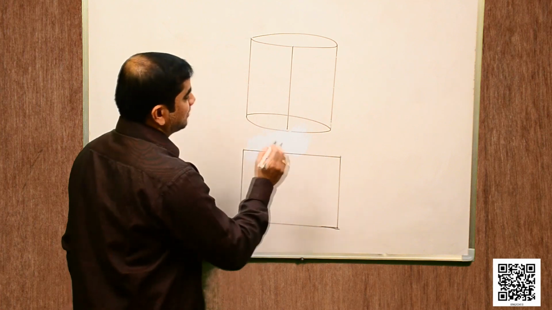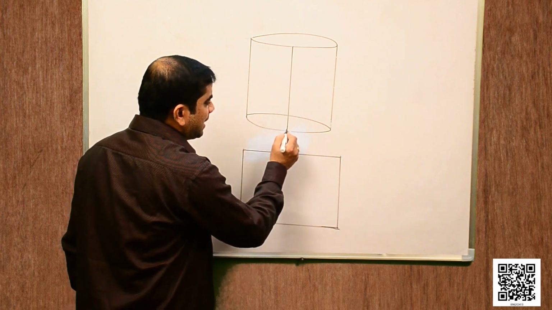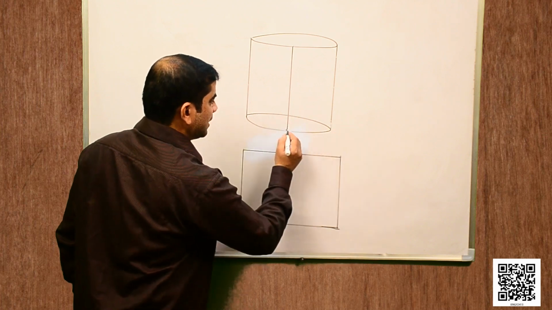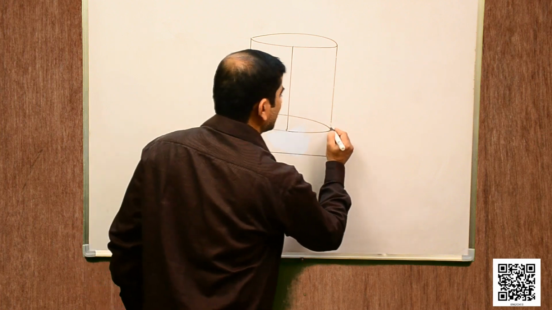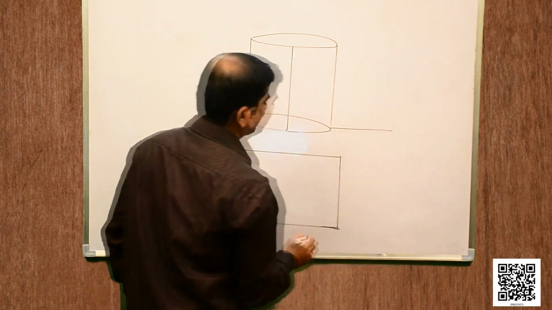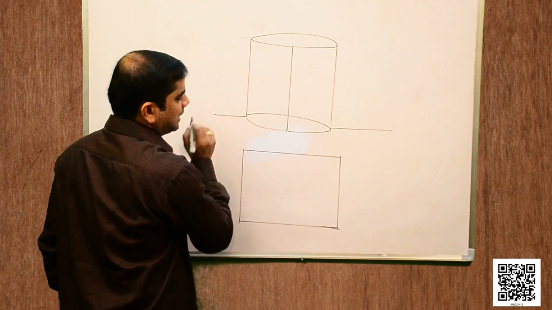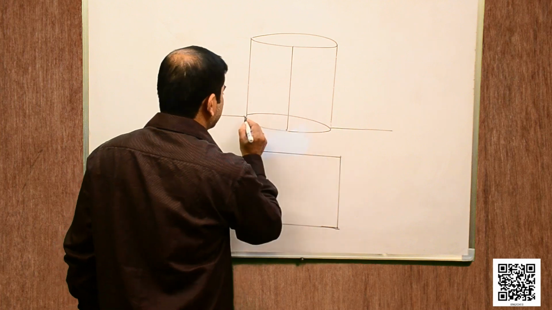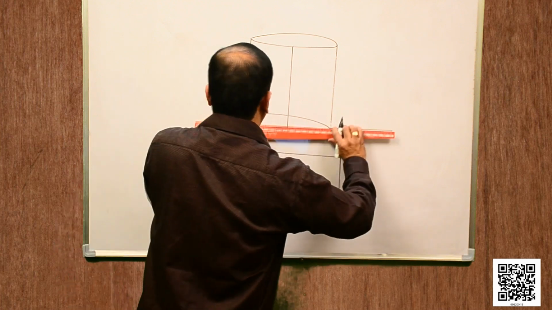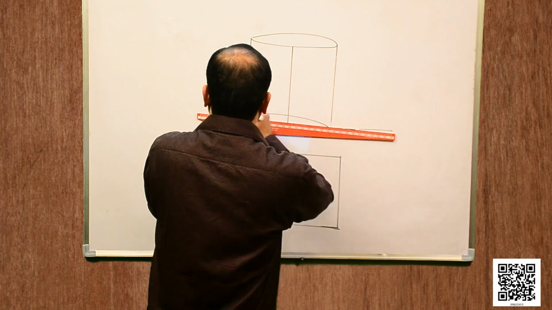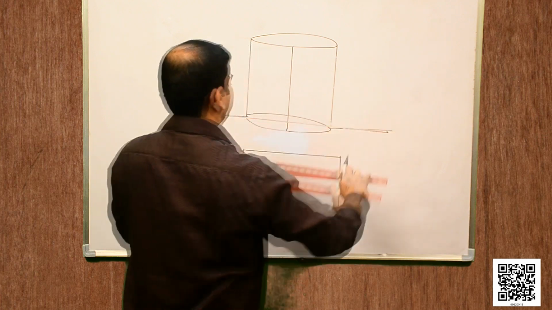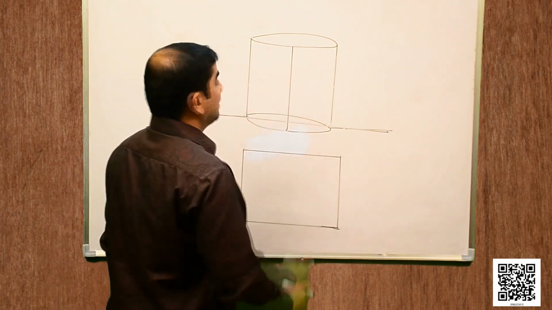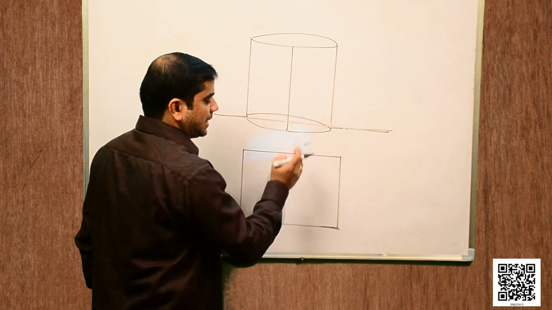When I open it up, this part goes like this and straightens up. This is just an example, not the exact dimension of the cylinder and the rectangle.